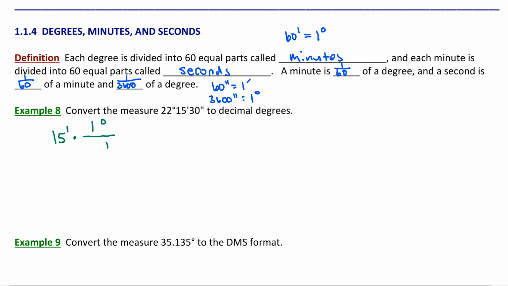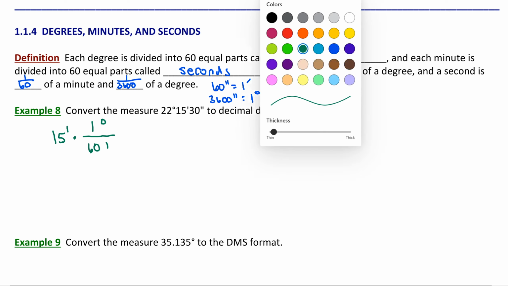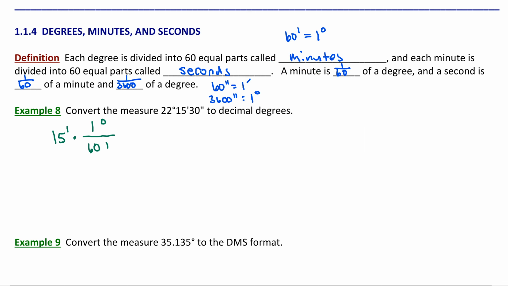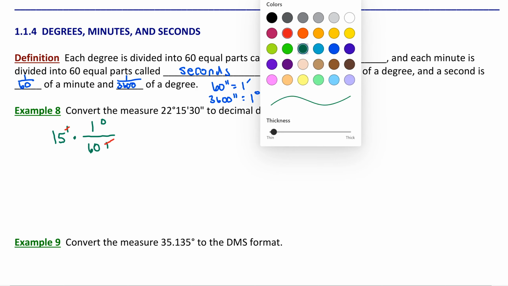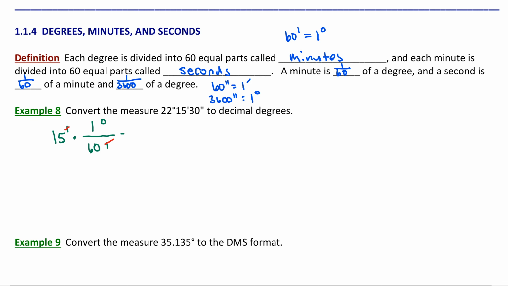In 1 degree, there's 60 minutes. So notice here, if we were to cancel our units, the minutes would cancel, and we can see that we're going to end up with degrees as our units of measurement here. So we have 15 divided by 60, which gives us 0.25 degrees. So 15 minutes is 0.25 degrees.